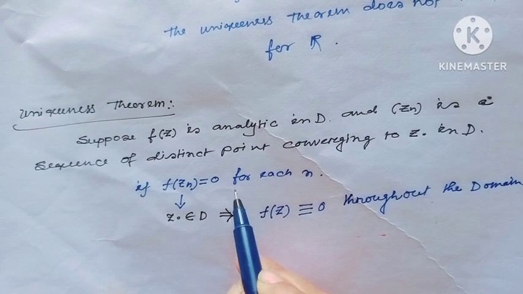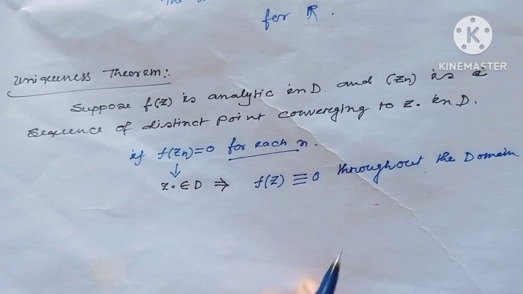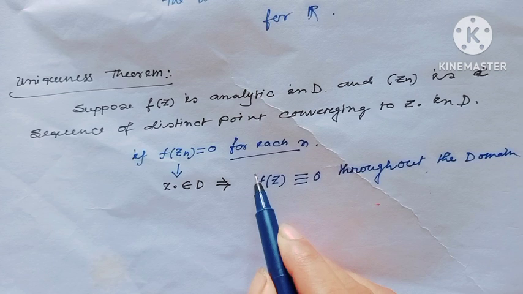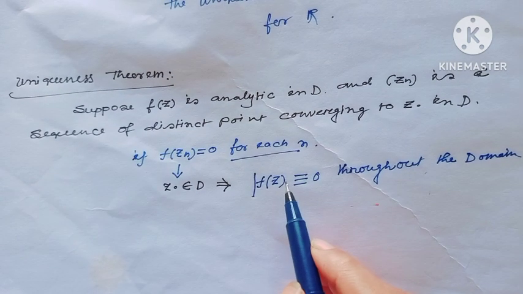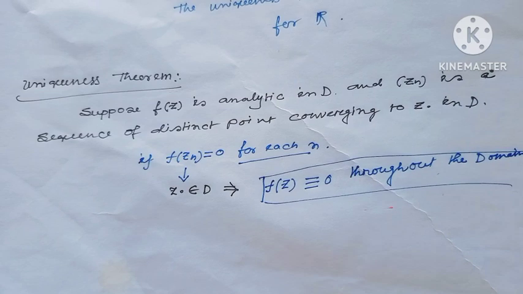If f(z_n) is 0 for each n, then by identity or uniqueness theorem, we can tell f(z) is identically 0 throughout the domain.